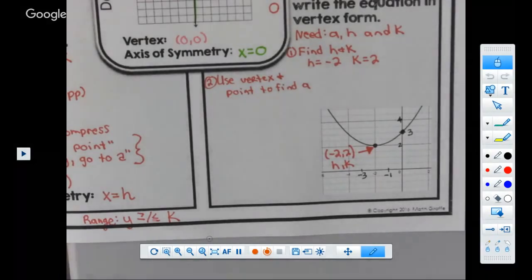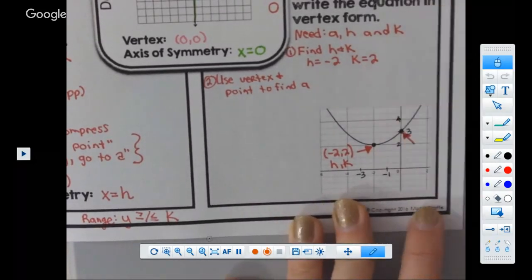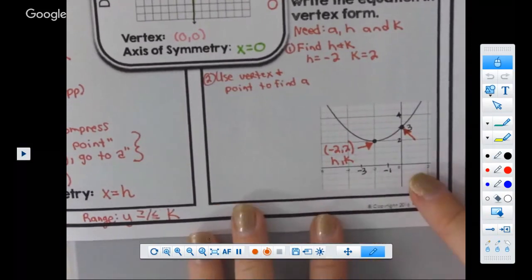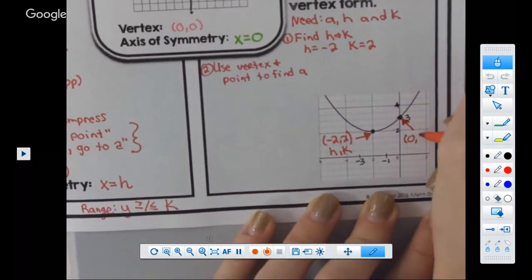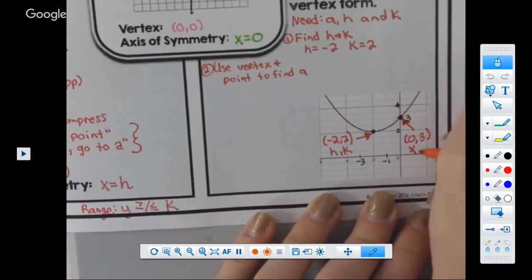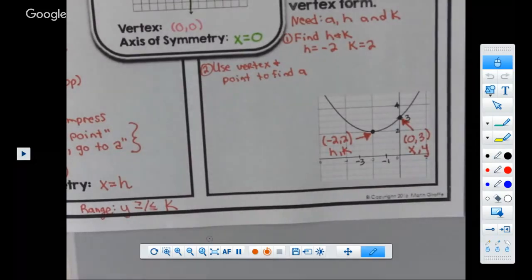So now I'm going to draw an arrow to the point that they give us. Okay, that point is 0, 3. And under that, I want you to write x and y. Next to h and k, I have an x and I have a y. Y'all agree with that?